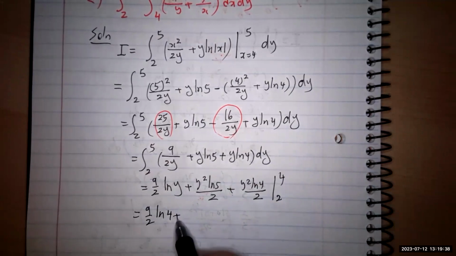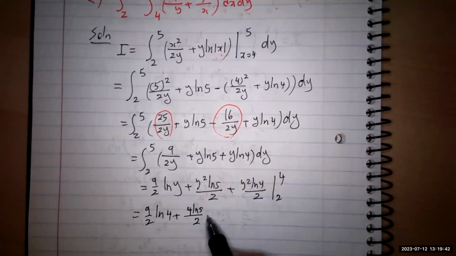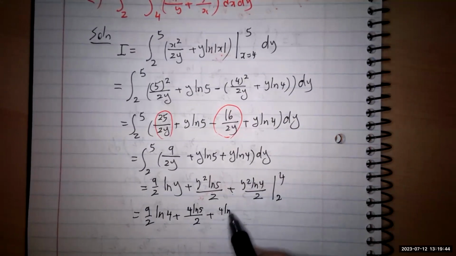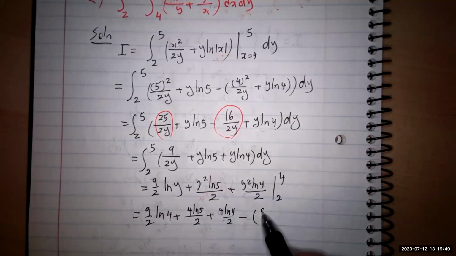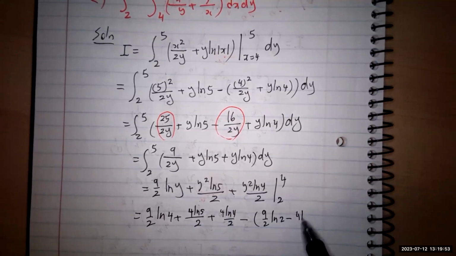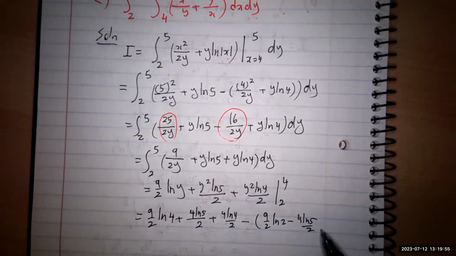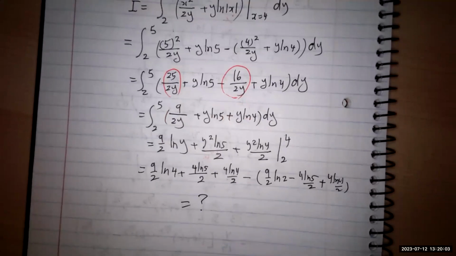So it's going to be 4 ln 5 over 2 and 4 ln 4 over 2, and then you repeat it for the 2. So it's going to be 4 ln 5 over 2 and plus 4 ln 4 over 2. So just use your calculator to get the result.